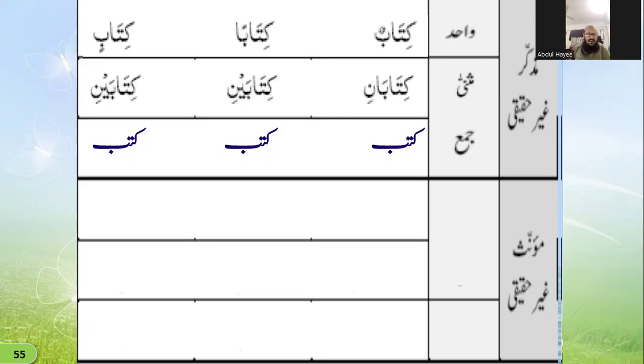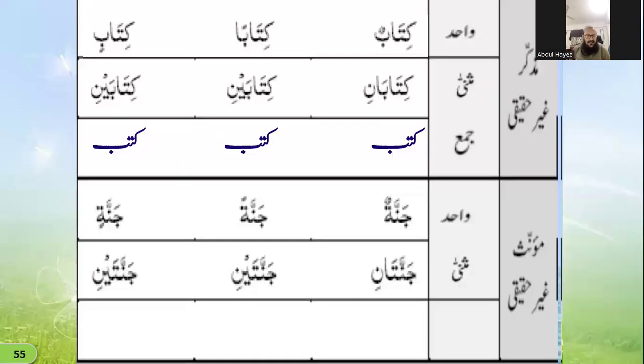Let's take an example of feminine. Jannah, meaning paradise. Jannatun, jannatan, jannatin. Dual: jannatani, jannataini. Plural: jannatun, jannatin. How many? 9. They are nakira.